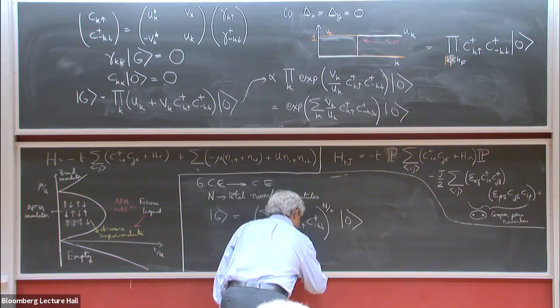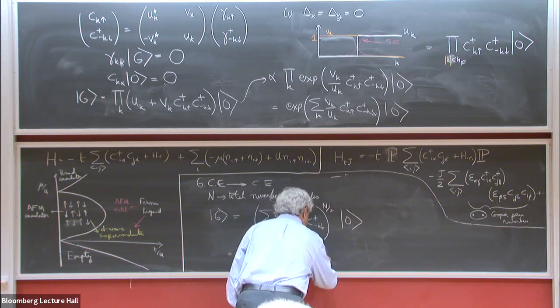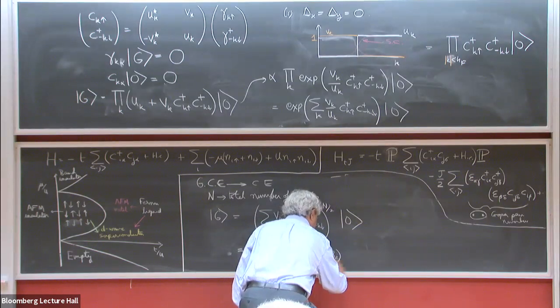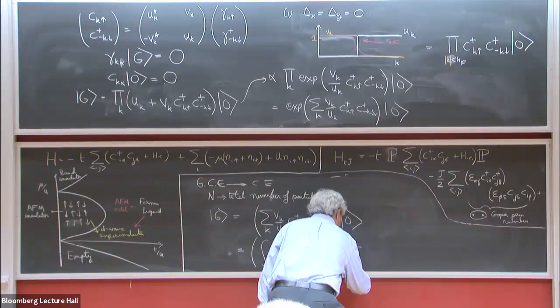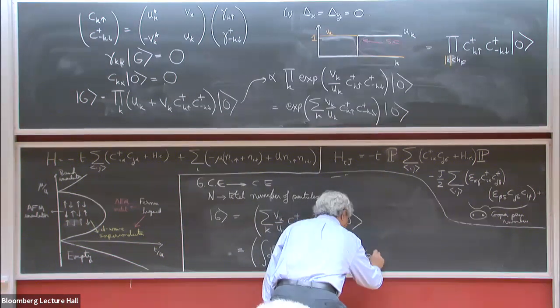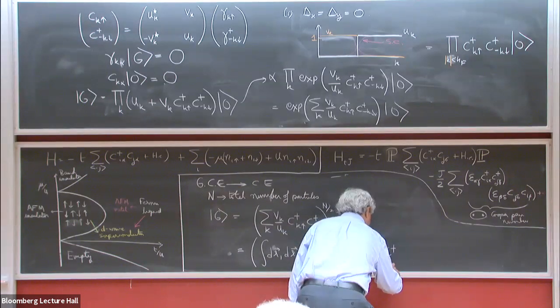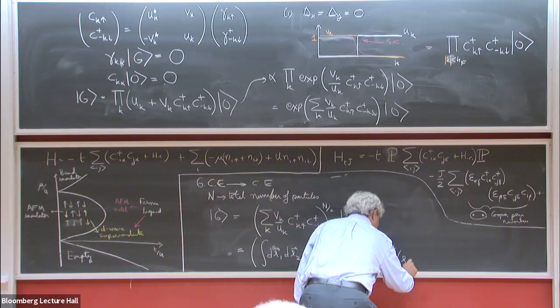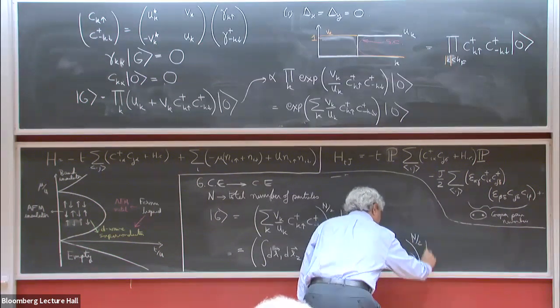You have some wave function g of r1 minus r2. And you add an electron with spin up at point r1, add an electron with spin down at point r2, and you take the n over 2 power.